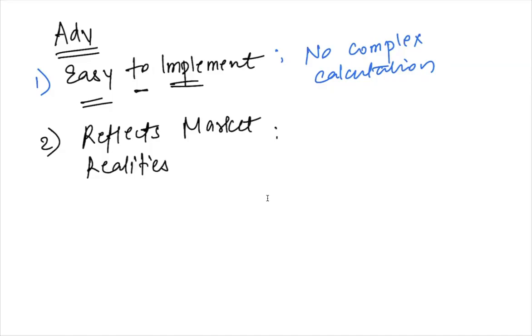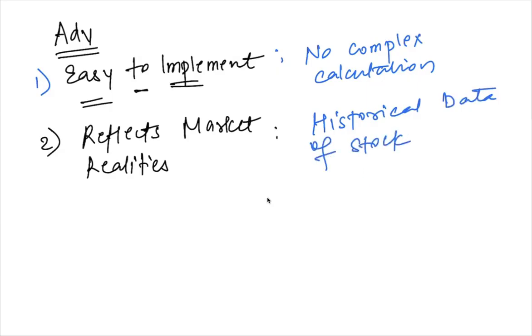What it basically means is, if you see the whole process, we are actually considering the historical data of stocks. We are not saying that we assume this might be the losses, or that the losses can be $10,000 or $20,000.